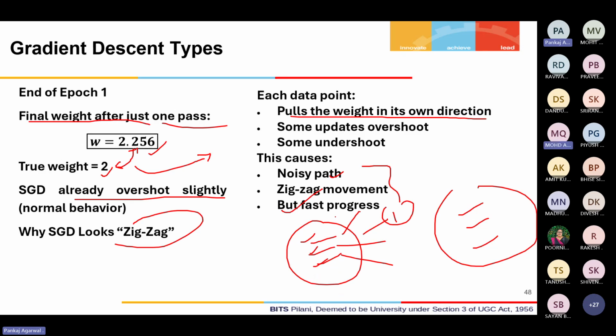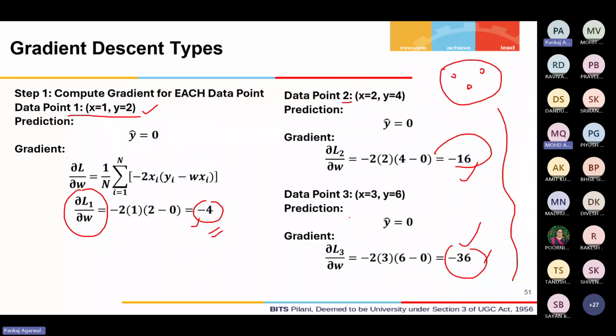So that's the reason I'm telling you that SGD might take more iterations as compared to batch. Stochastic might take more iterations. You can do it experimentally also. Epoch zero may not necessarily give the same result as epoch one. Understood.